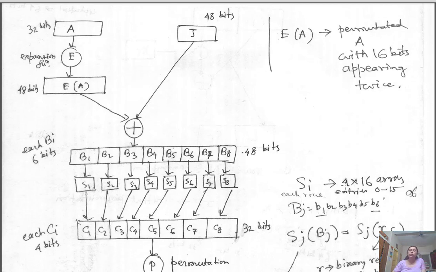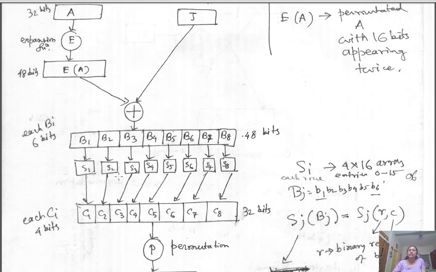Rows can be encoded as 2-bit strings. So the 6 bits B1 and B6 correspond to the row, and B2, B3, B4, B5 correspond to the column. That entry in the S box you pick.